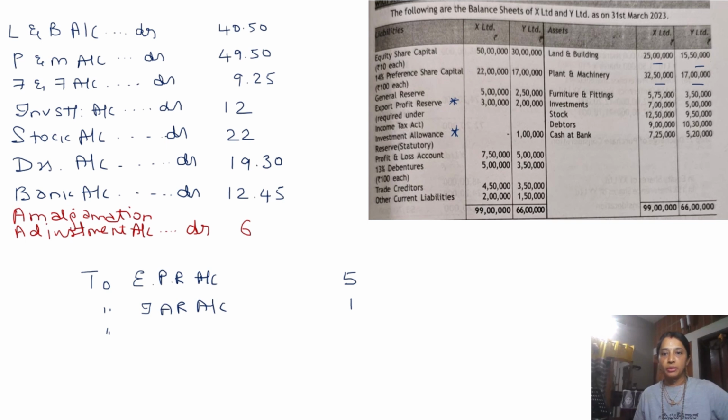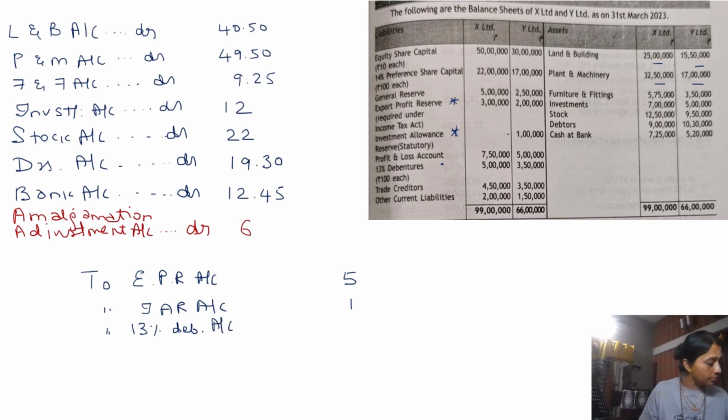So once you open the amalgamation adjustment account, to the extent of statutory reserve in the debit side, because reserve is a credit balance, you have to transfer it to a new account called amalgamation adjustment account. So you transfer all the outside liabilities. The first outside liability is 13% debentures account.